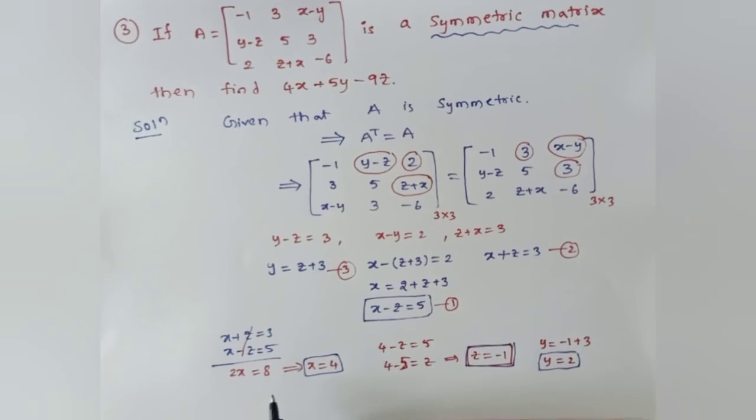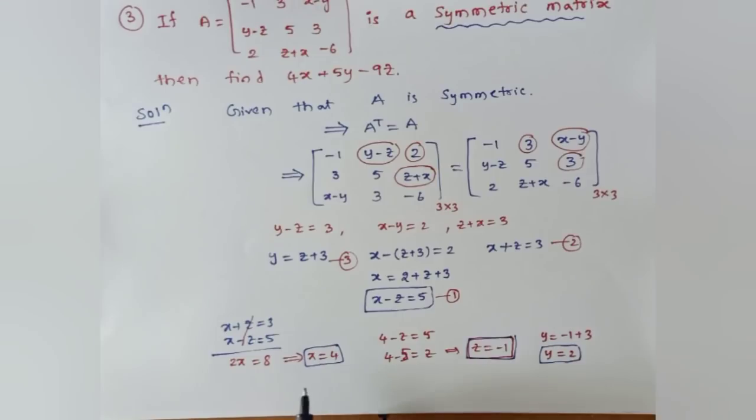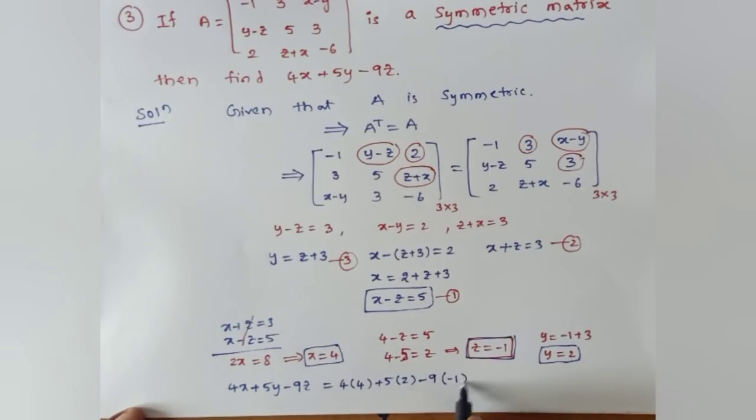Then you get the expression 4x plus 5y minus 9z, which equals 4 into 4 plus 5 into 2 minus 9 into minus 1.